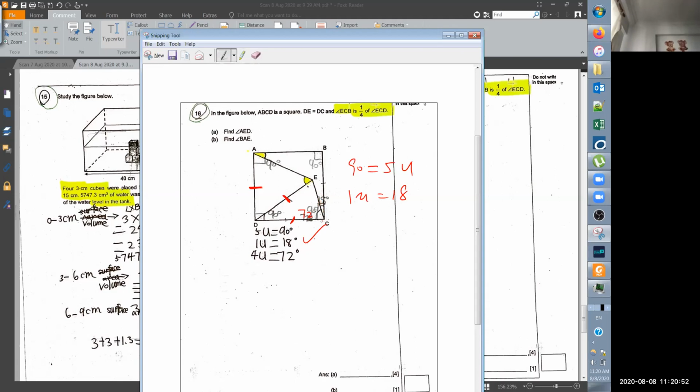So this is 72 as well, and this is 18. Then what is this one?